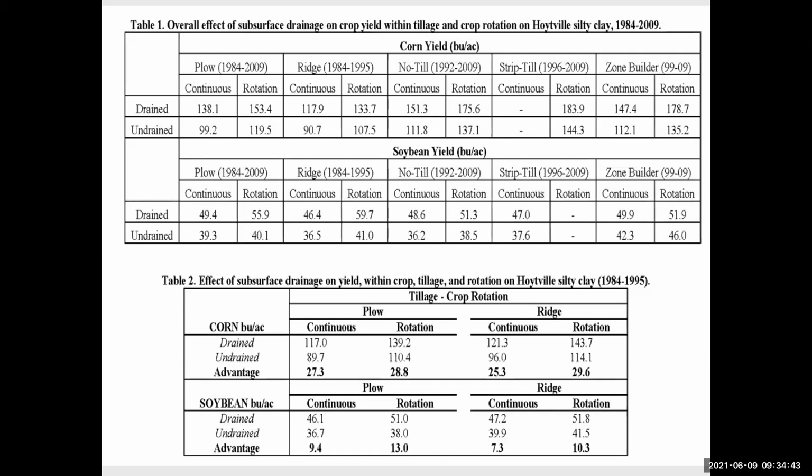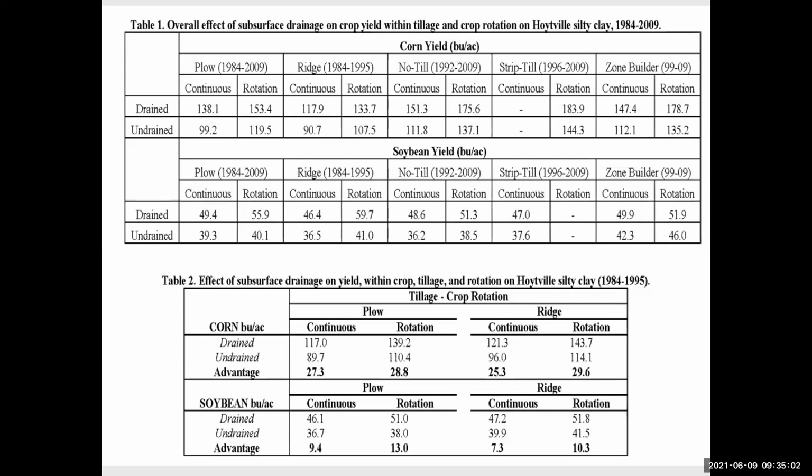And this is from 1984 to 2009. And you can look at the drained versus undrained yield over that period of time. There's a little bit of difference in when we ran particular types of studies, tillage studies, that is.